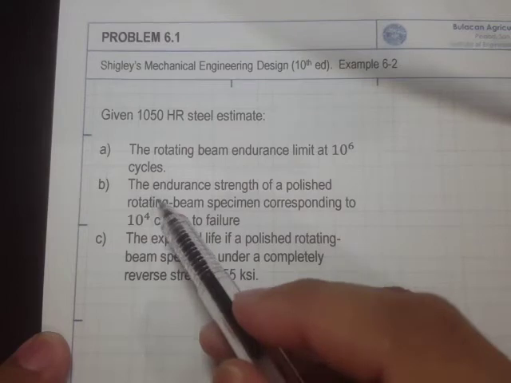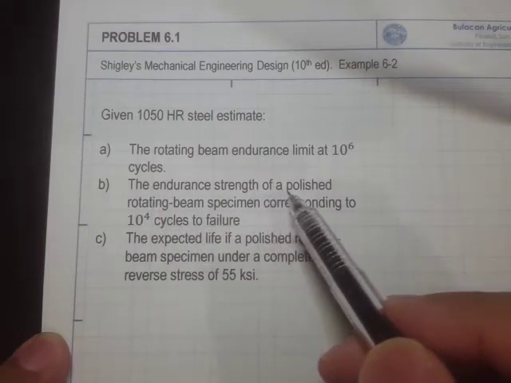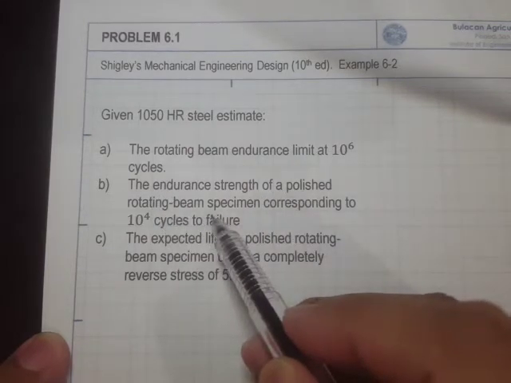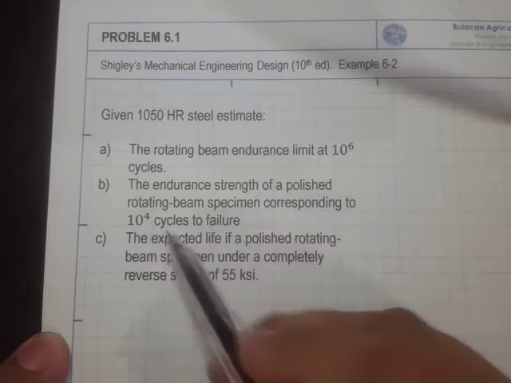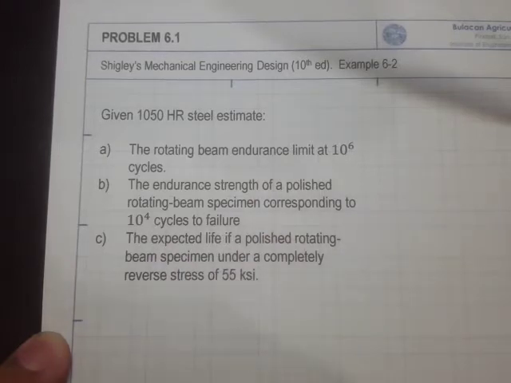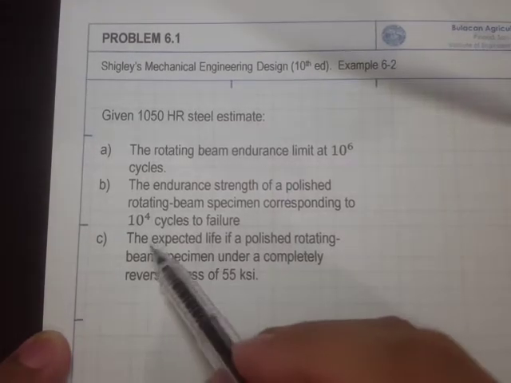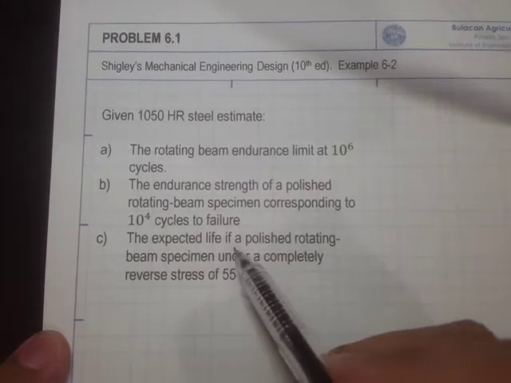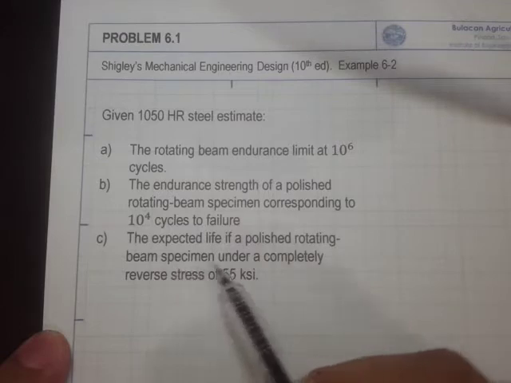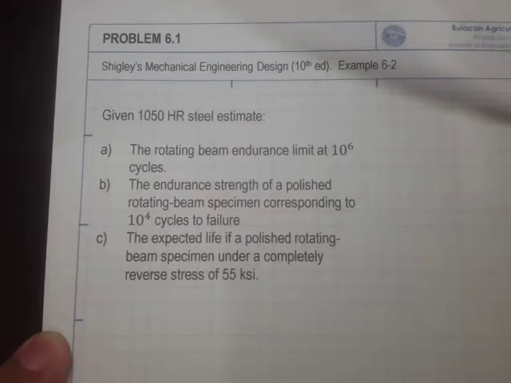Letter B, also estimate the endurance strength of a polished rotating beam specimen corresponding to 10 to the 4th cycles to failure. And letter C, we are to estimate the expected life of a polished rotating beam specimen under a completely reversed stress of 55 ksi.